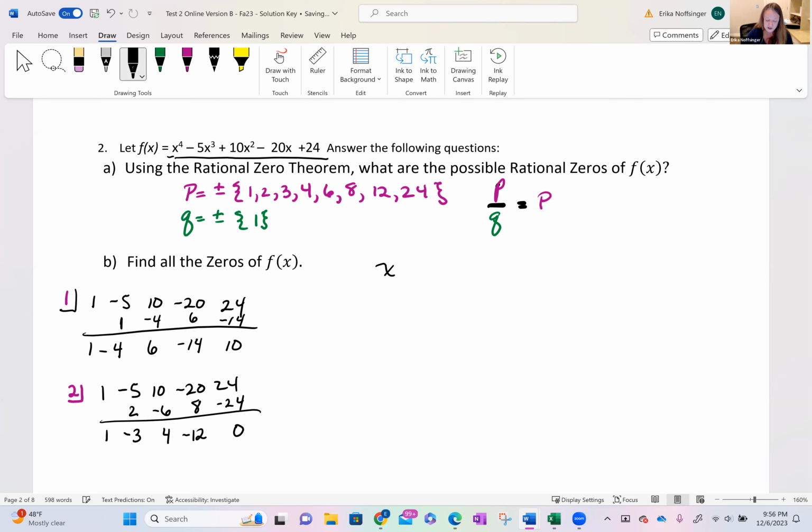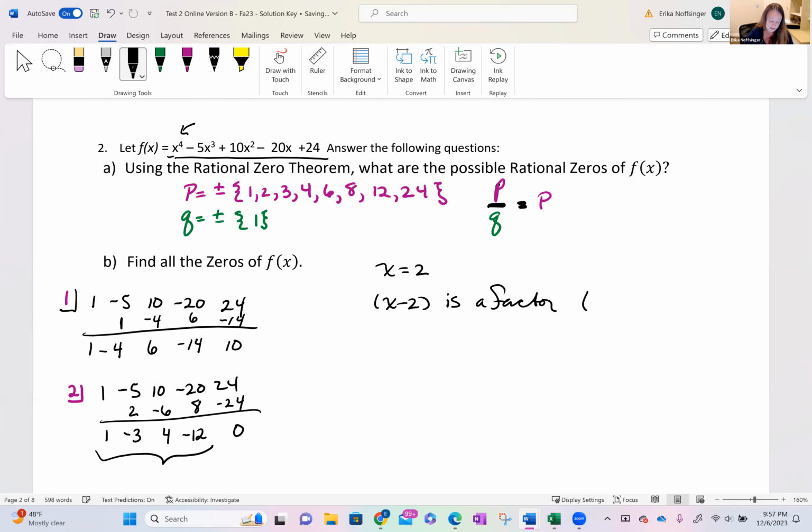If x equals 2 is a zero, then I can see what my factor is by subtracting 2 on both sides. So x minus 2 is a factor. Also, looking at this bottom row, this is another factor. It was my quotient if I had done long division. I start 1 degree less than what I was dividing by, which is degree 4.